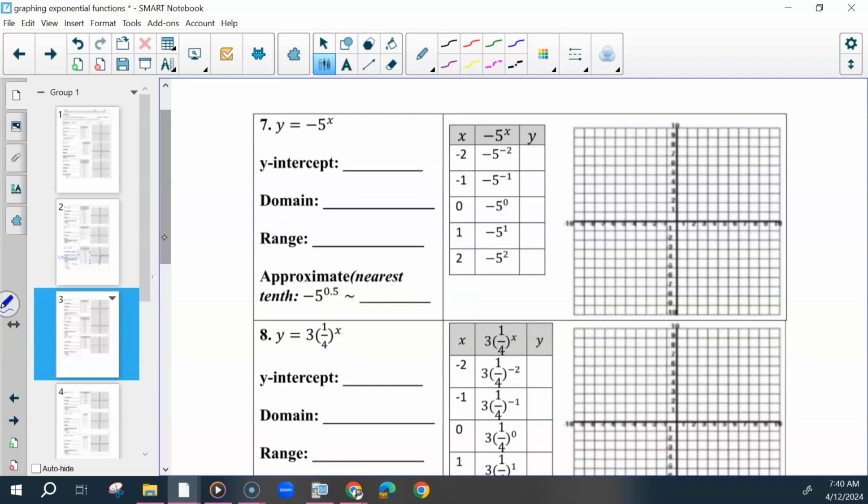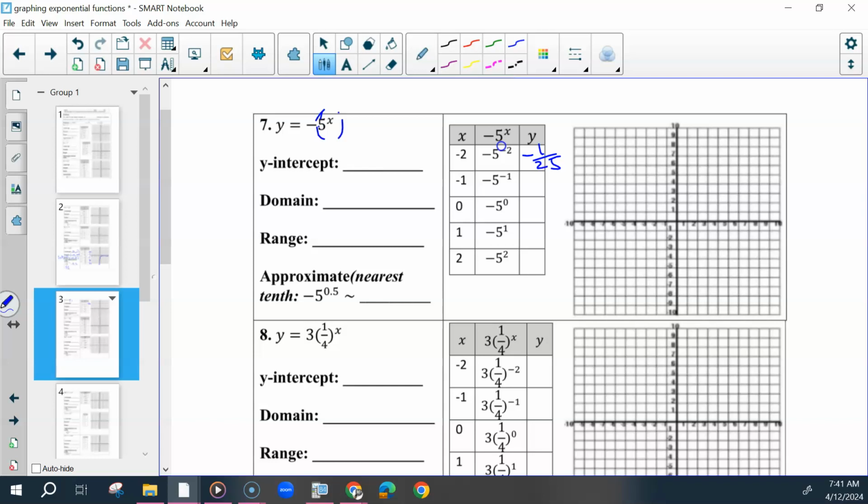Negative 5 to the negative second power. So you can think about it like this. 5 to the negative second would be 1 over 25, and then that would be negative 1 over 25. It's basically what we just did, but in reverse. Actually, because it's not parentheses, I'm thinking, does the negative matter?